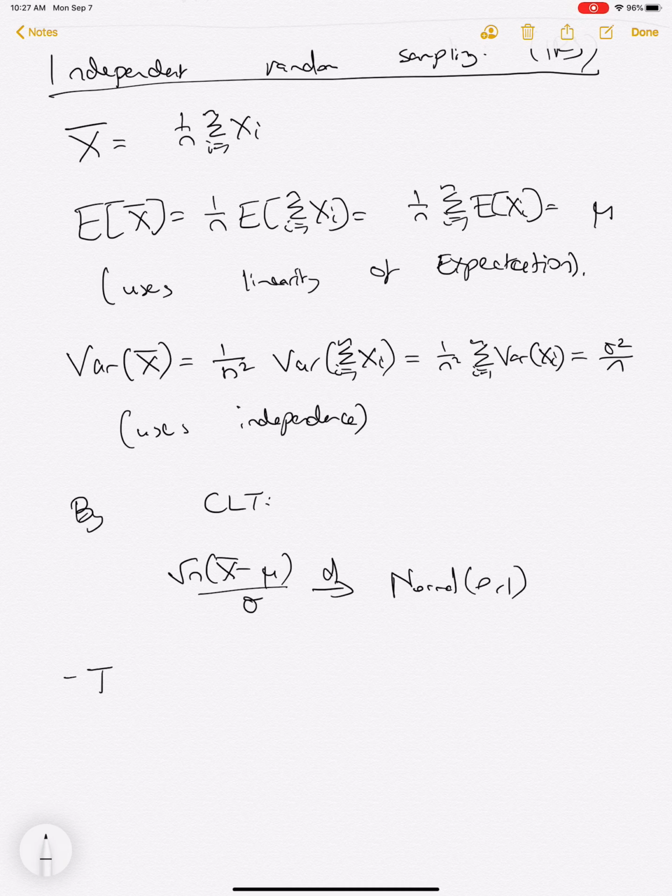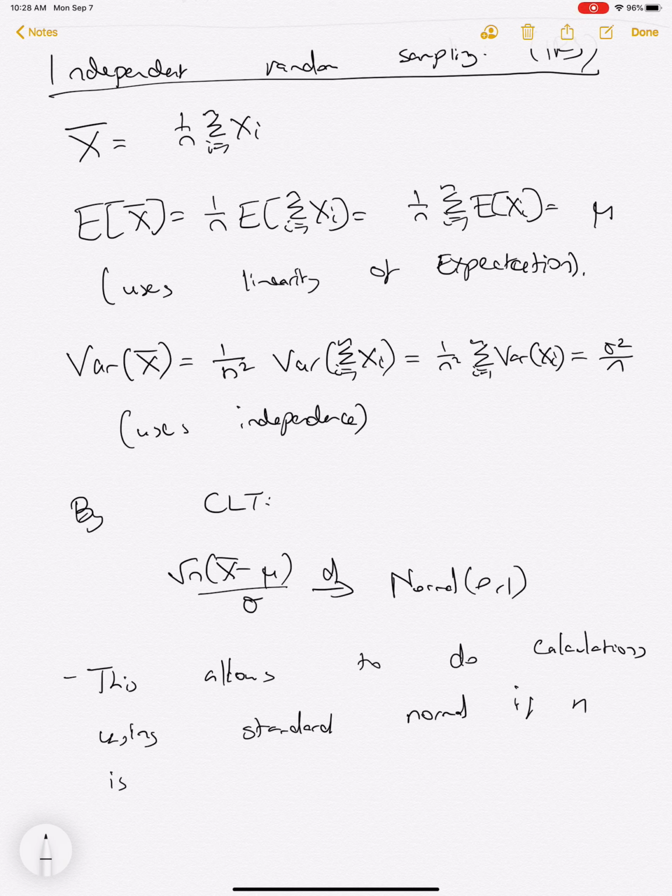And this allows us to do calculations using the standard normal if n is large. And when we say large here, we're talking about a different kind of large to big N. A size of little n equals 100 is certainly large enough.